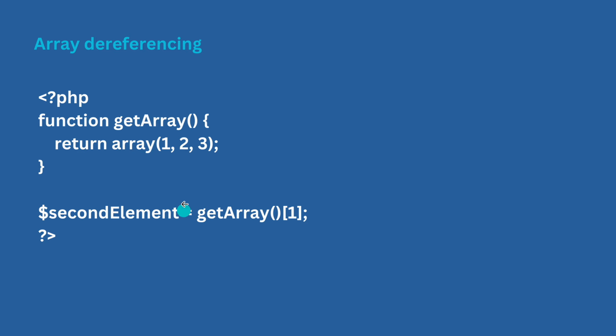The second element, what value will this have? What is the value of the second element? 2, sir. Great. Clear on dereferencing? Guys, anybody have any confusion on this dereferencing? Okay, cool.